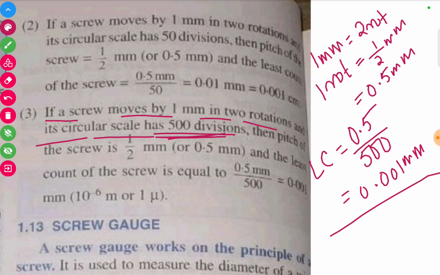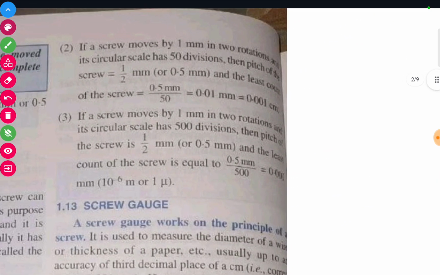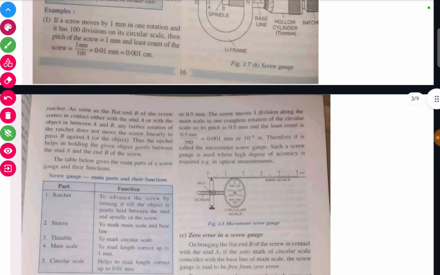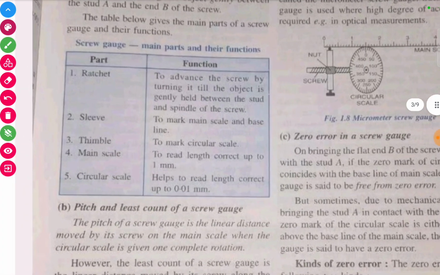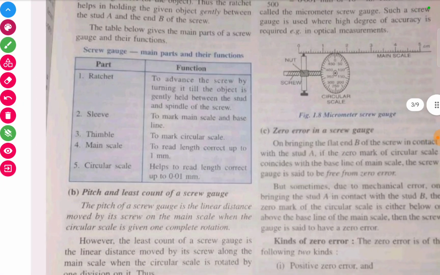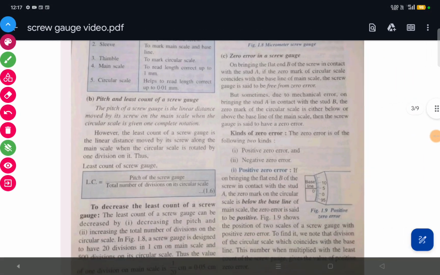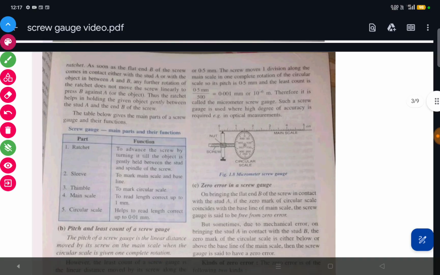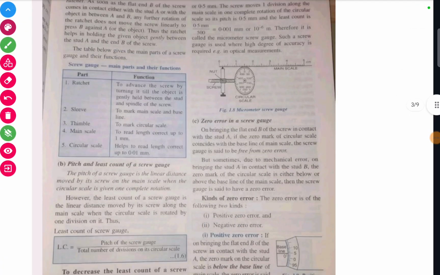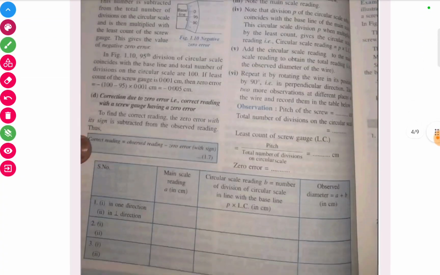I hope there is no problem in finding out the pitch or the least count of a screw gauge. Now take a look at how to take the observation. The different parts and their functions are written over here, you can go through it. I'll go straight to how to find the observation. Let's take the example of this one.